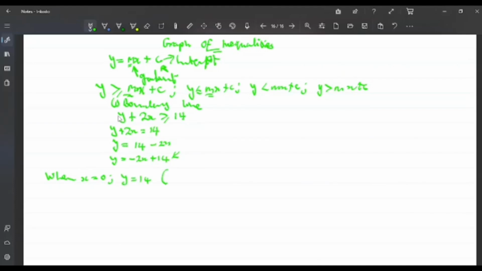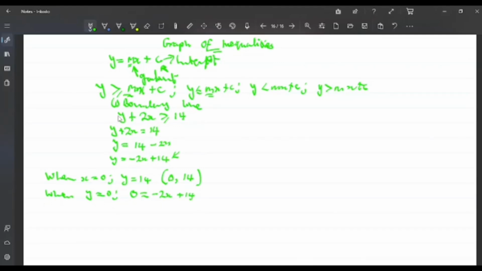So we have gotten the very first point for our boundary, that is when x equals 0 and y equals 14. We do the same thing when y equals 0. That equation becomes 0 equals minus 2x plus 14.